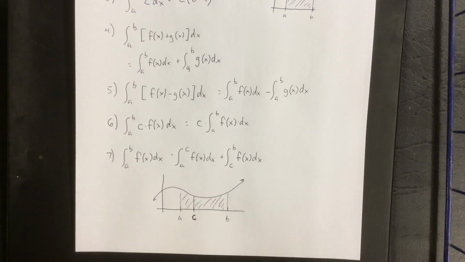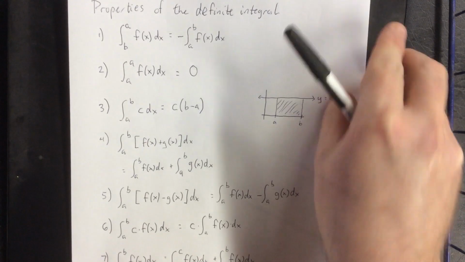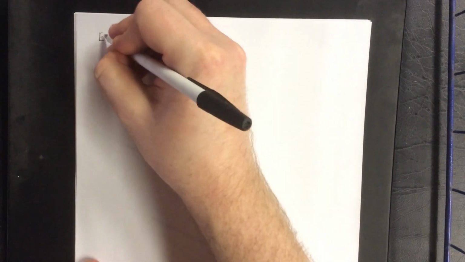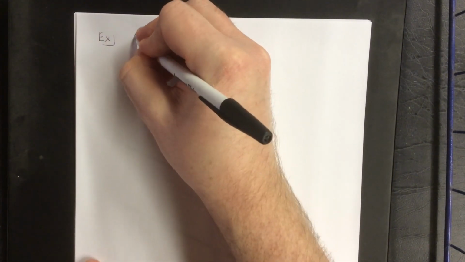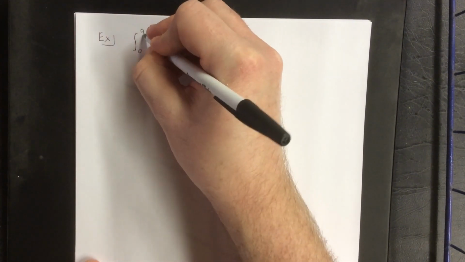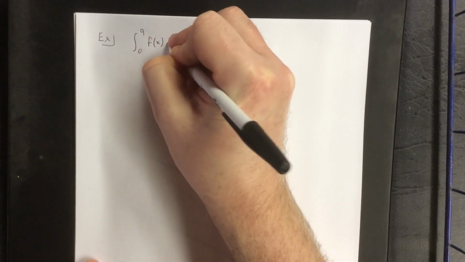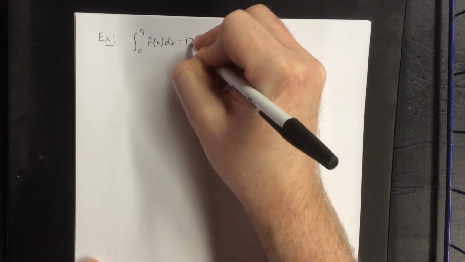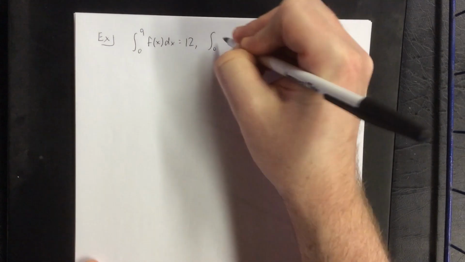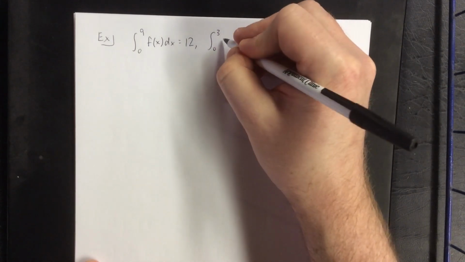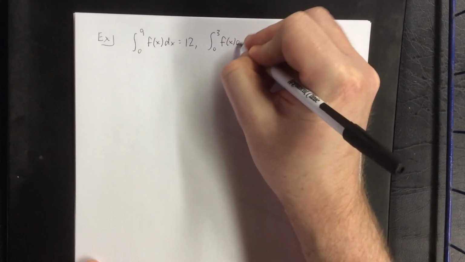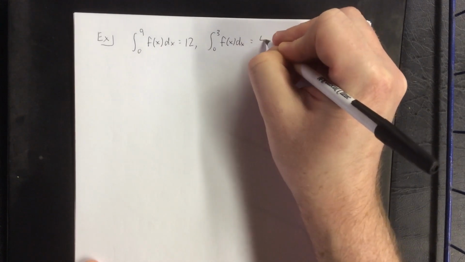Now, to give you an example of how some of these properties work, I would like to have you consider the following situation. The definite integral from 0 to 9 of f of x dx is going to be equal to 12. The definite integral from 0 to 3 of f of x dx is equal to 4.